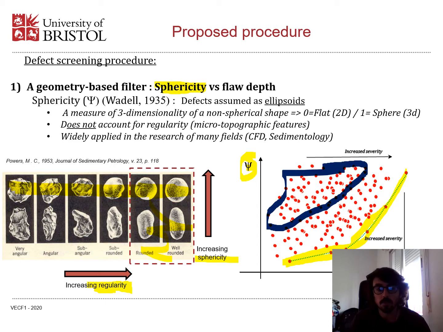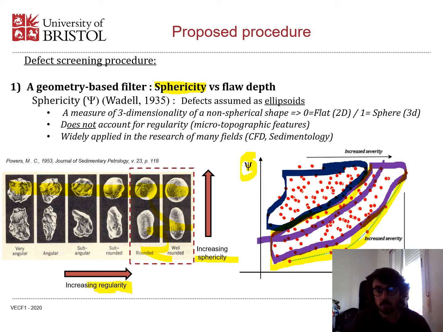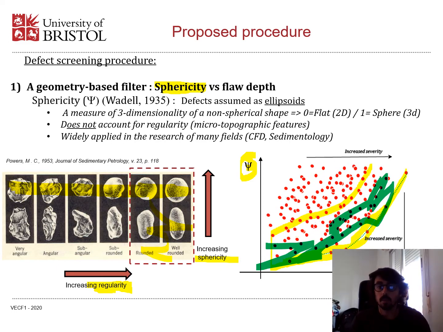It will depend on the industry, the criterion used, or what level of conservatism is acceptable. Then you would probably move this line towards this point, and you would be more interested in characterizing all these defects. But you're still reducing the data sets for analysis.